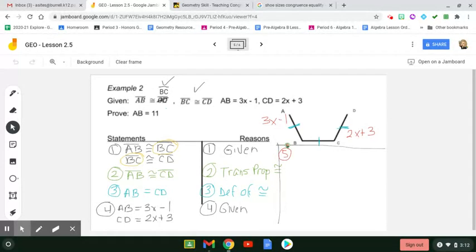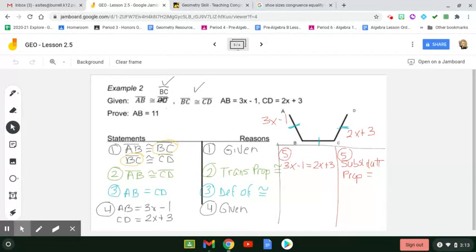Okay, so what I'm going to do for step 5 is I'm going to say that 3x minus 1 is equal to 2x plus 3. And since I'm talking about equality, I can use the substitution property. Sorry, guys, it's a little messy. Substitution property of equality.